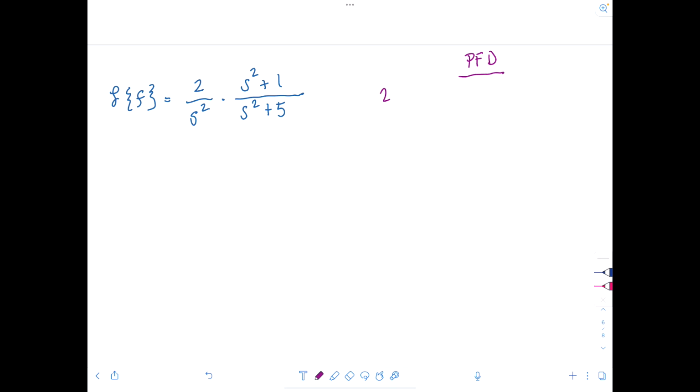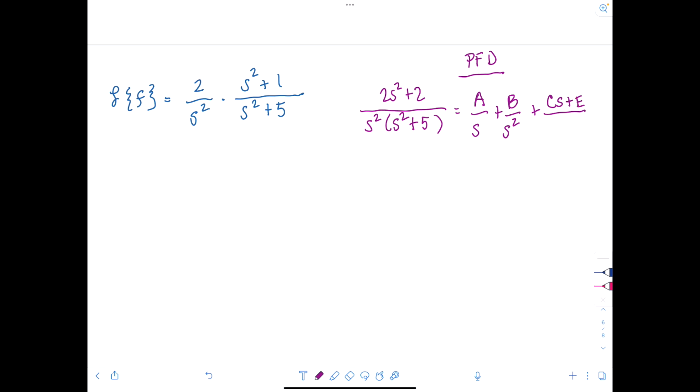We're going to have 2s squared plus 2 over s squared times s squared plus 5 equals a over s plus b over s squared plus cs plus e over s squared plus 5, because that's an irreducible quadratic.